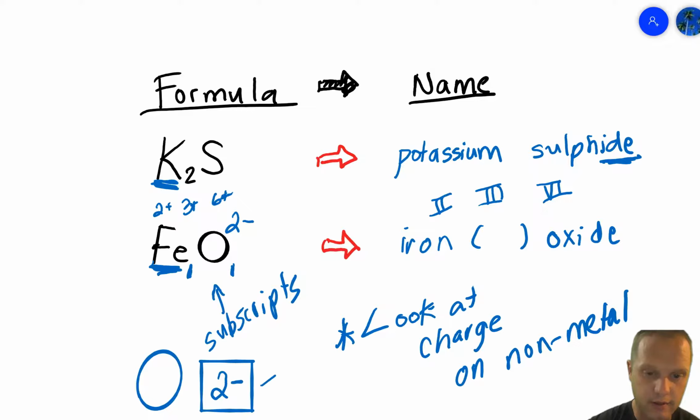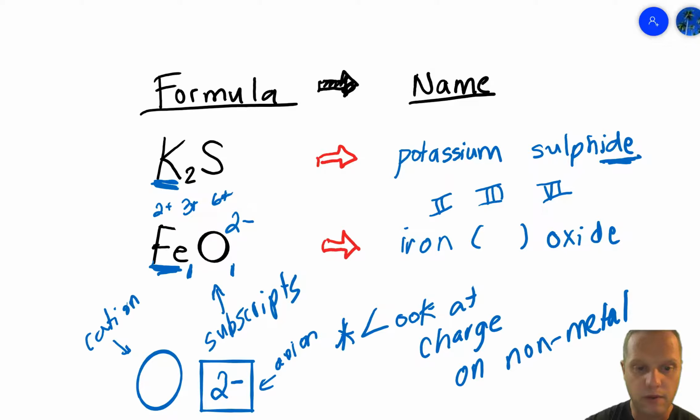That is the anion. And the anion has to match up with a cation, and their charge has to be neutral. So if we look at this, 3 will not belong, 6 will not belong, but 2 will. Because 2 plus and 2 negative, they cancel each other out, and all these ionic compounds want to be neutral. So the answer to this question is iron 2 oxide.